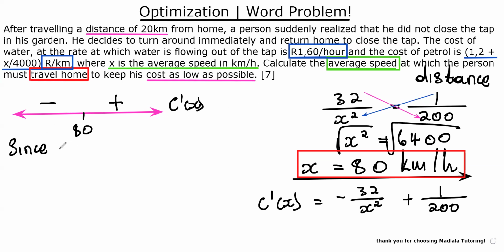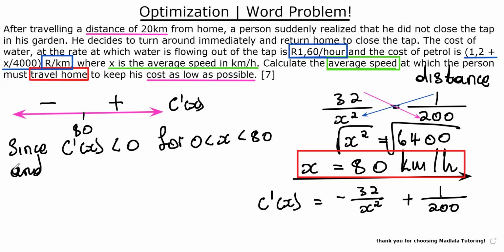So this is what we tell them. We say, well, since the derivative changes the sign, in other words, since the derivative is negative for values of x that are less than 80, but you need to say greater than 0, remembering the domain, right? And the derivative is positive for values of x that are greater than 80. What does it mean?